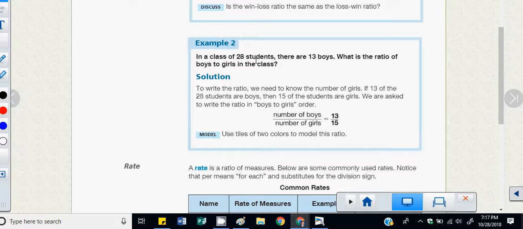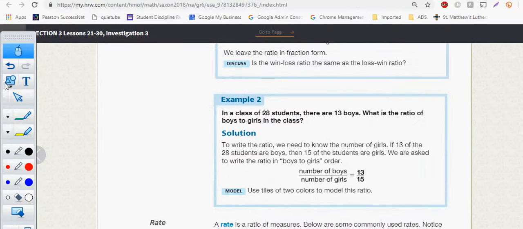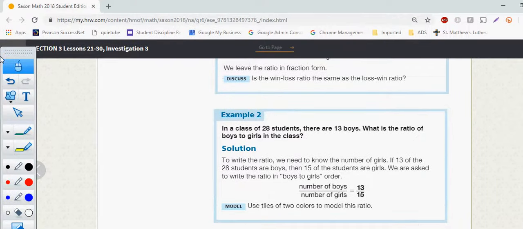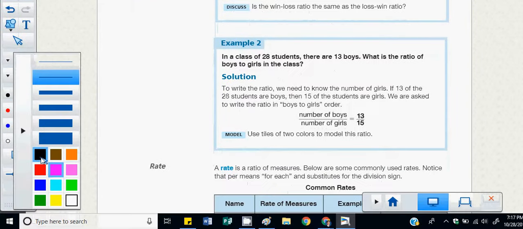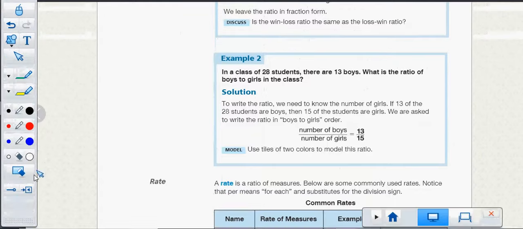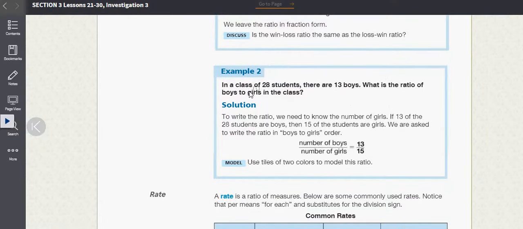Class of 28 students, 13 boys. What's the ratio of boys to girls? You might say, well, they didn't tell us how many girls there are, but they did. In what way did they tell me in this sentence how many girls are in the class? Pause if you need to think about that.